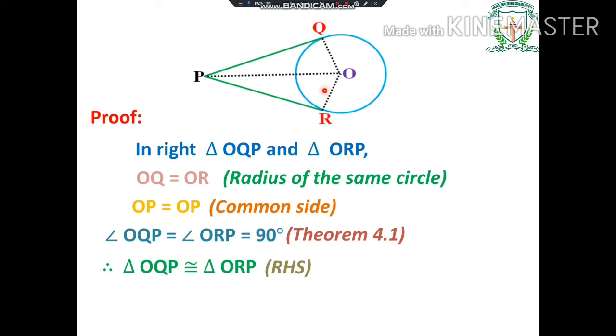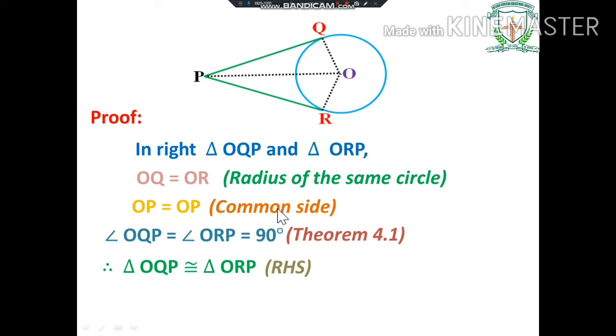Yes, children, we have now proved that triangle OQP and triangle ORP are congruent. When two triangles are congruent, the corresponding sides are equal. Now you can see PQ and PR are the corresponding sides of these two triangles.